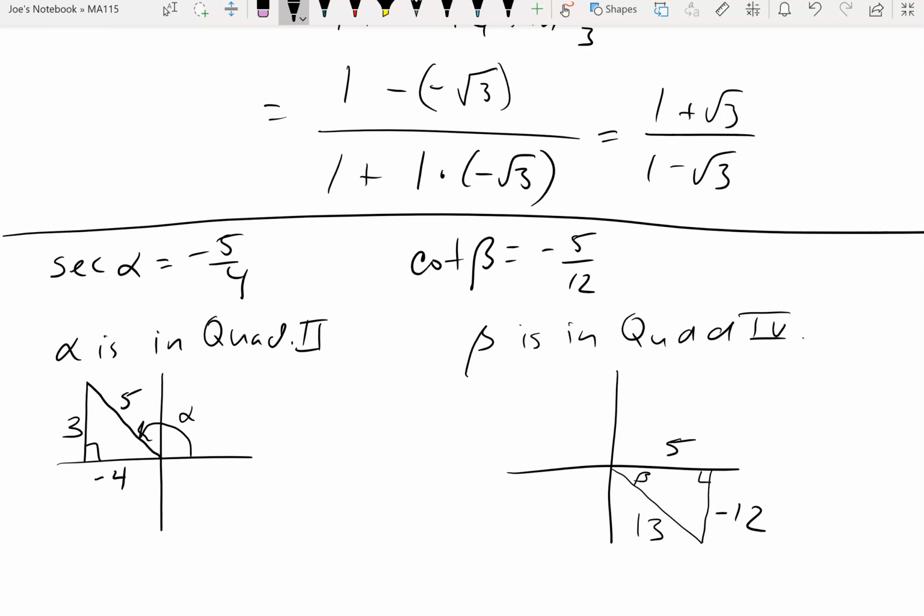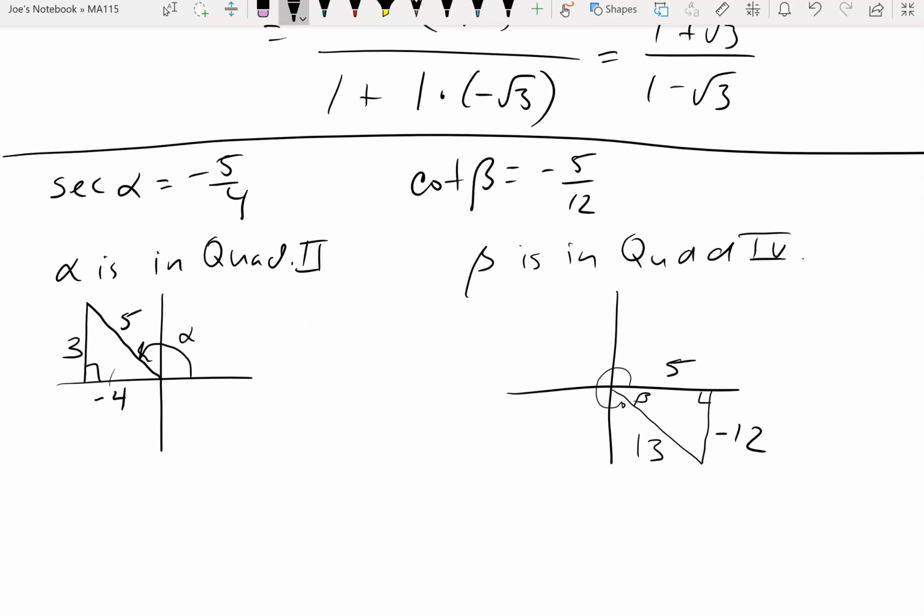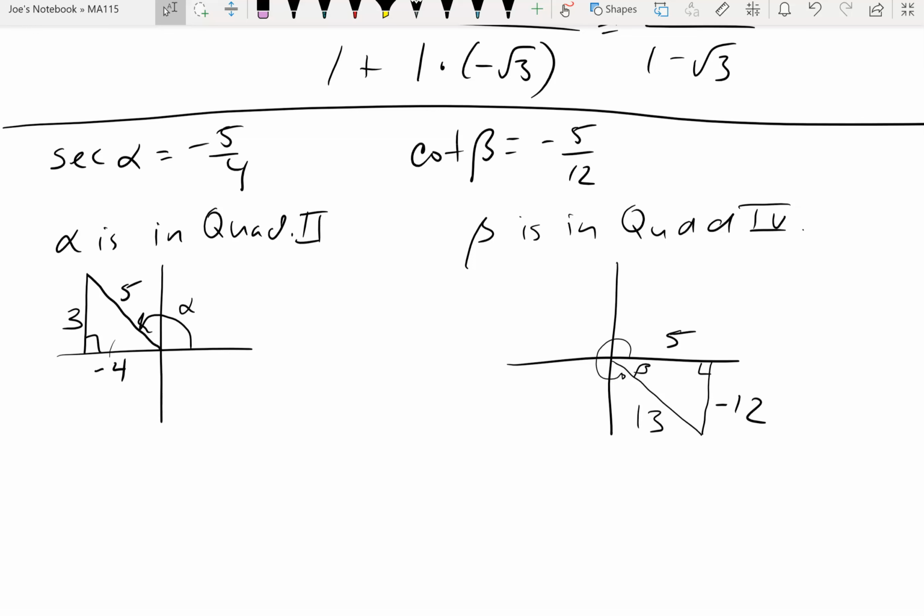So you don't know if it's this way or this way. It could be around the other way, too. Yeah, it doesn't matter. I could have made my beta go around this way, too, and it would be the same values, because we're just given information about the trig function. Are we okay with the triangles? I did that first before I even tried to answer the questions, right?